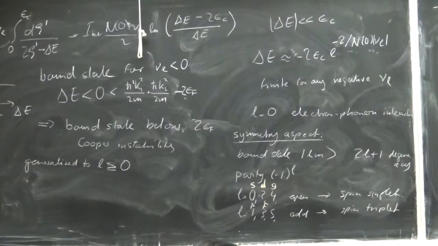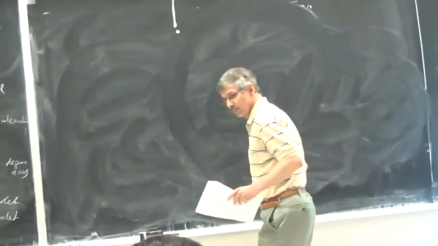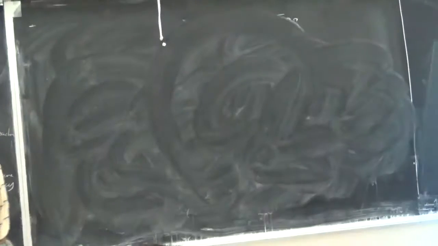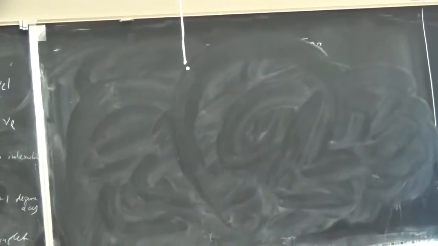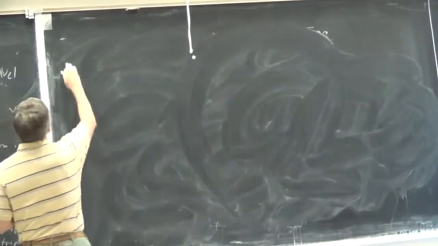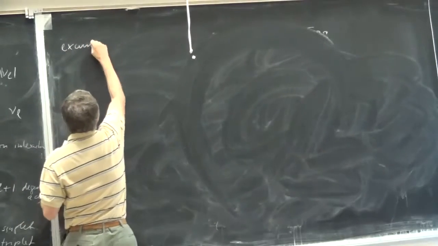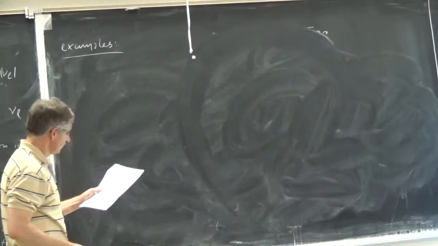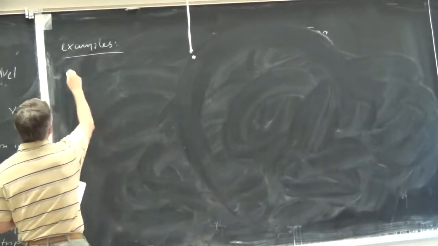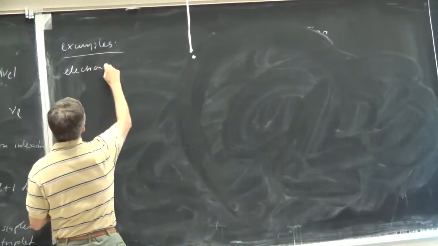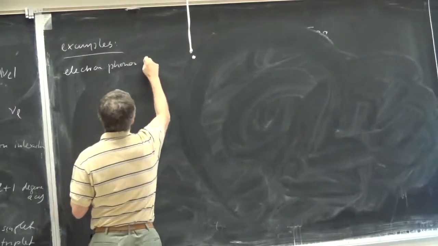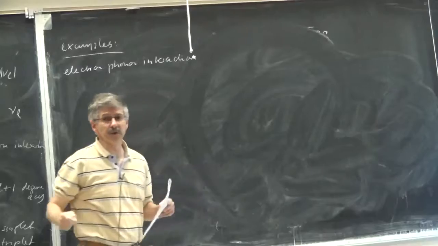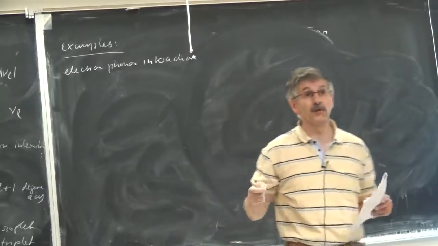Now let me quickly do 2 examples just to show you really how this might show up. The first example is just what I called before the electron-phonon interaction. The electron-phonon interaction is usually considered as a contact interaction.